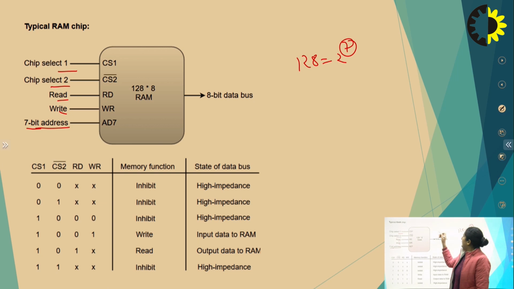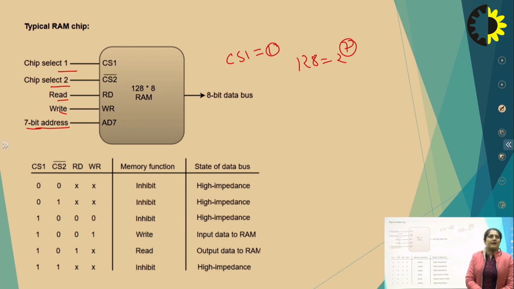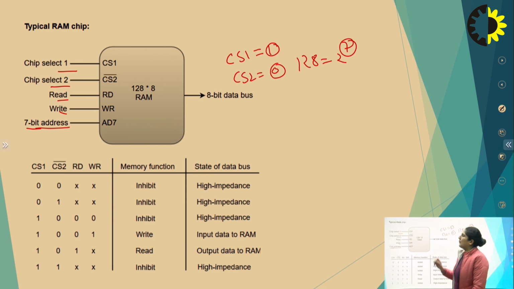For chip select 1, CS1, the value is always active high, 1. And for chip select 2, it is active low, 0. It is always low and CS1 is always high. That's why we write it in this way.